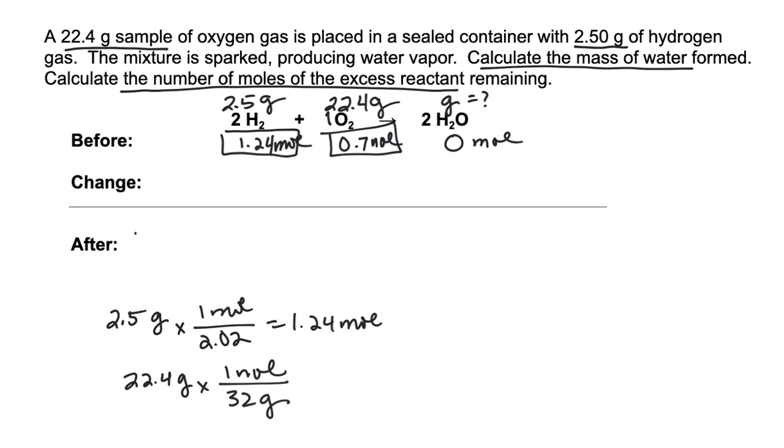So I will assume that that's true, and I will calculate how many moles of hydrogen gas I will use up. If this is correct and it's my limiting reactant, I will use up 1.24 moles of it, leaving me with 0 moles when I'm done.